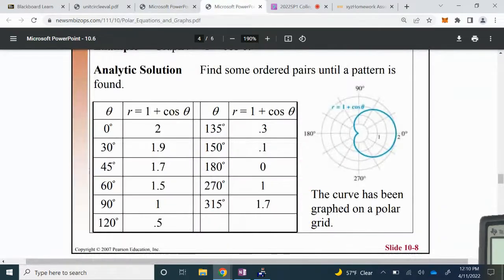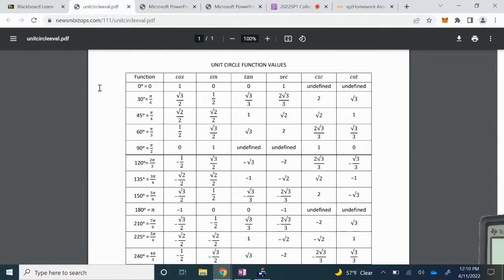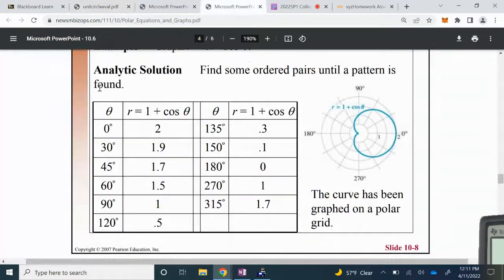We can also look at the function values chart. We have 0 degrees and its cosine is 1. So we have 1 plus 1, which is 2, and that gives us our first ordered pair, 0 degrees, comma 2. And that can be plotted. We talked about plotting points.